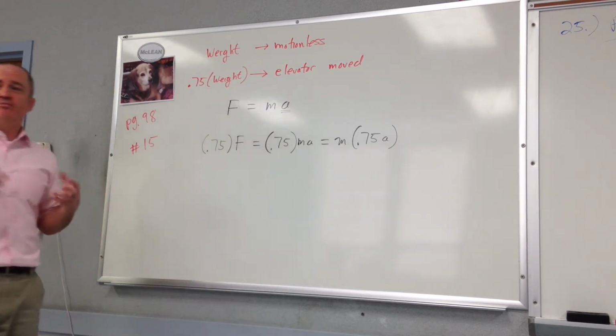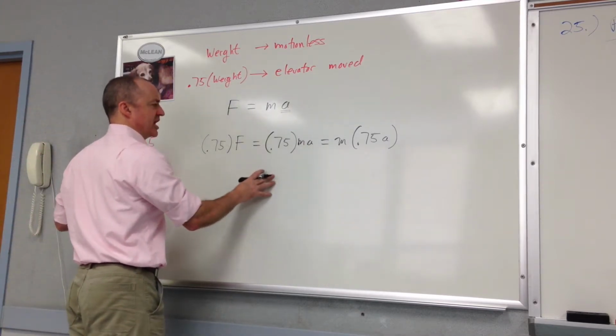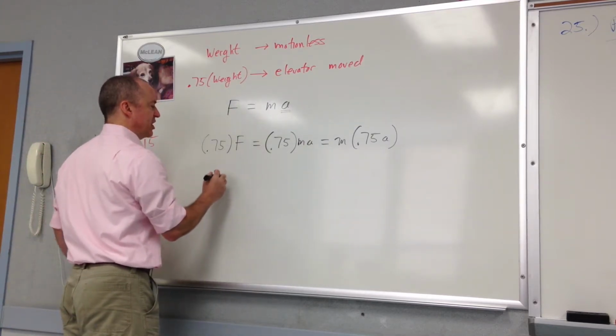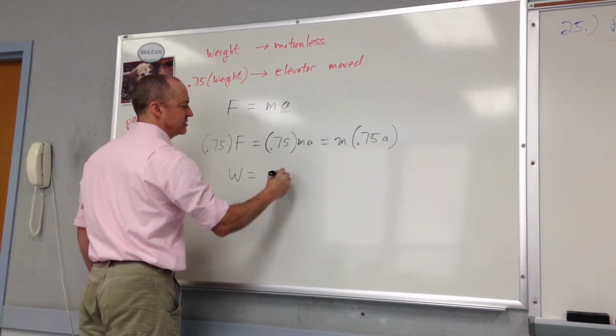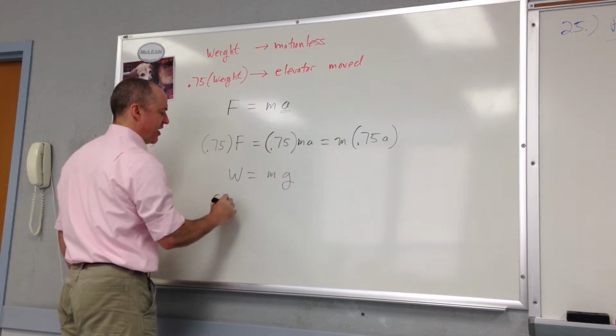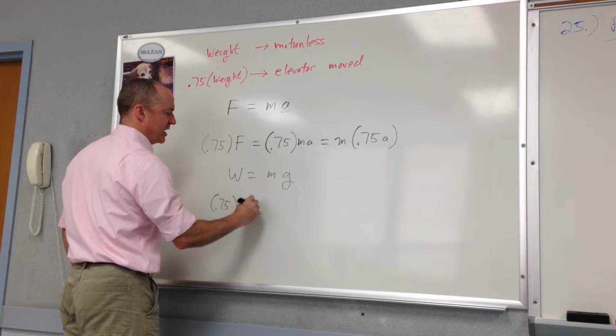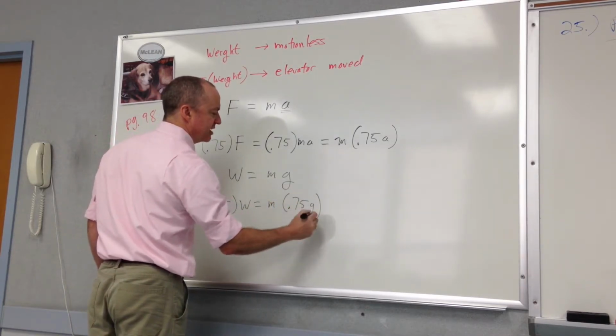Actually, the mutual attraction between him and the Earth, but it's a tug of war. Earth was winning because Earth is a lot bigger. So what we were really talking about was his weight equaled mass times gravity, and now 0.75 of his weight equals his mass times 0.75 of gravity.